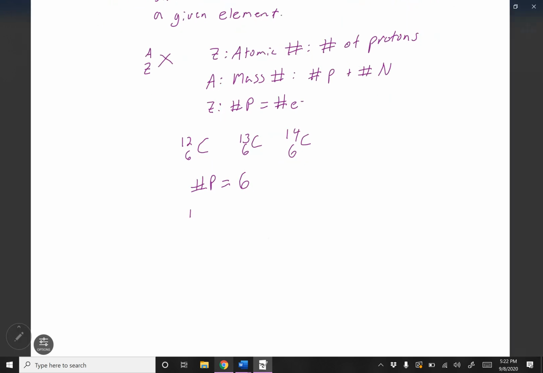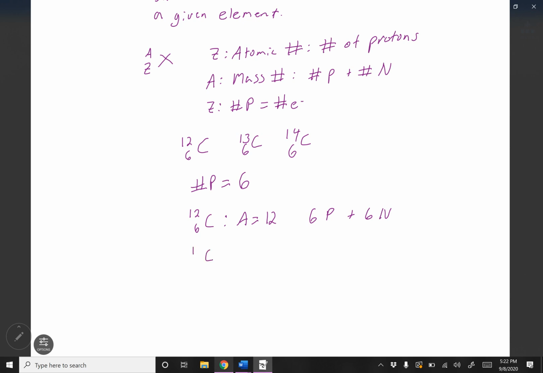A is equal to 12, which means that it has 6 protons plus 6 neutrons for a total of 12.